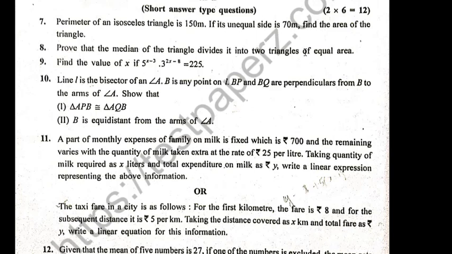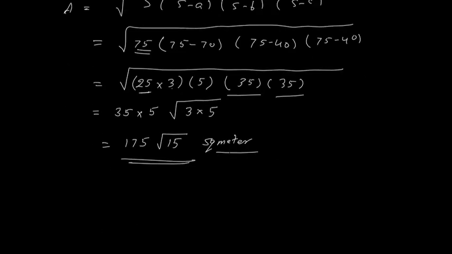So what is a median? Prove that the median of a triangle divides it into two triangles of equal area. Here we cannot prove them equal directly. What we can do here, let us take a good question.